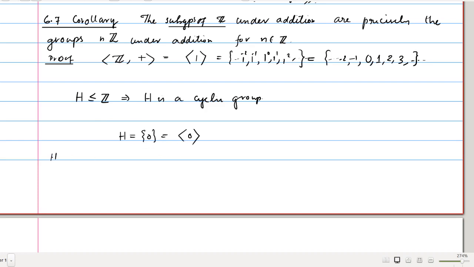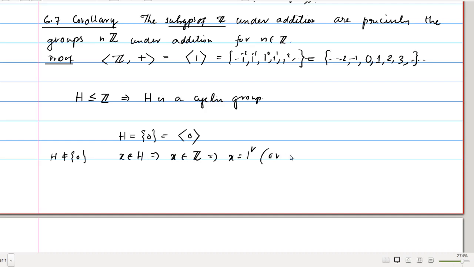If H is not equal to singleton set 0, then H contains an integer. Okay, let it be some x belongs to H, that implies x belongs to Z, that implies x is equal to 1 raised to some R, and if R is positive, then you can say that H contains a positive power of 1.